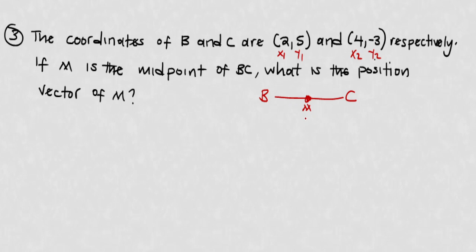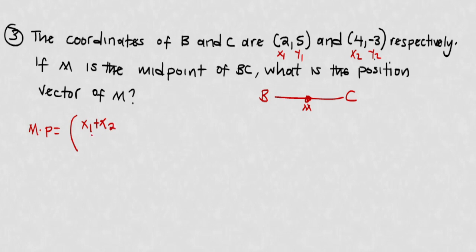Remember, you should check the video on coordinate geometry. The video is already there. In coordinate geometry, I taught how you can find the midpoint. So how do you find the midpoint?